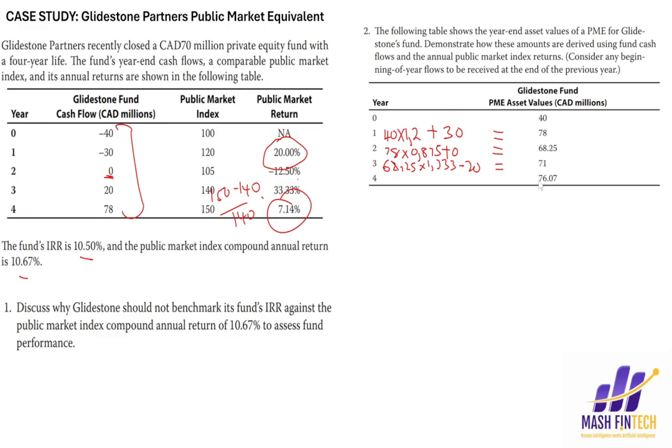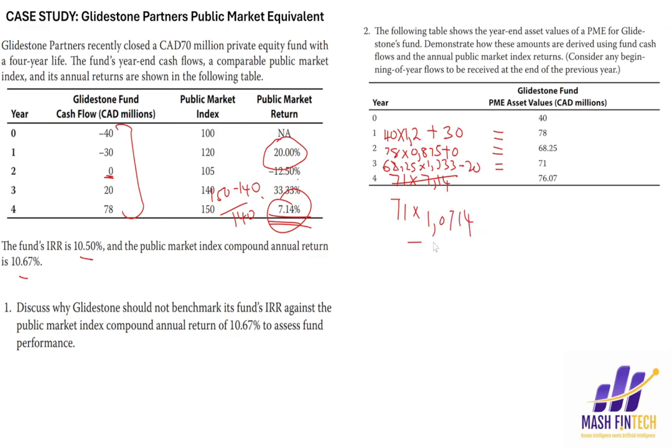Okay. In terms of the last value, you assume that in this final year, there's going to be no cash inflow or cash outflow. And then you just take the value as it is, and you raise it by this percentage, which is 7.14%. So it's 71 times 1.0714.